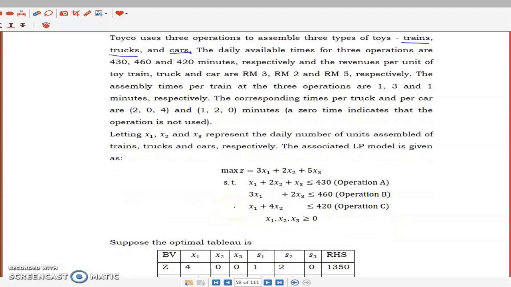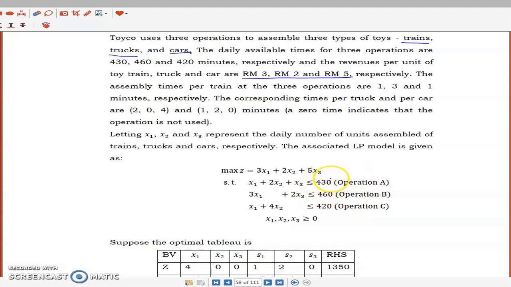We can see the objective of this problem is to maximize Z, where Z is the revenue, and the function of Z is 3x1 plus 2x2 plus 5x3. This coefficient comes from this information. And we have three constraints where every constraint represents the operation time.